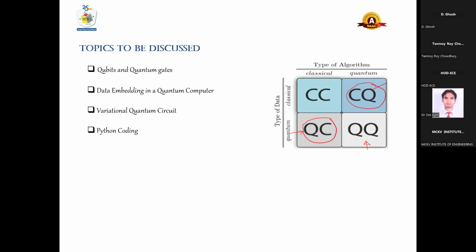So what data embedding means here is a very, very important process in quantum machine learning: how do you encode your classical data into a quantum computer first. So that is the first step. You have to encode classical data into a quantum computer. And once you have done that successfully, and that is the major work, to encode the data, there are various techniques.